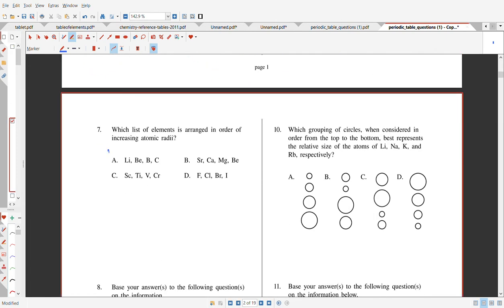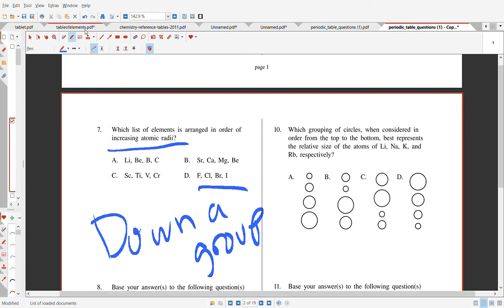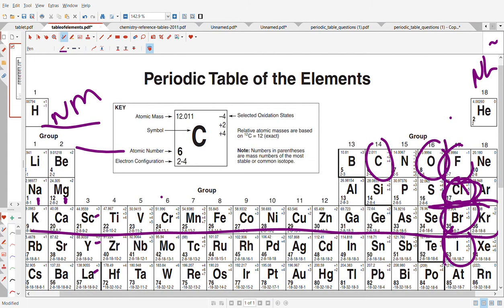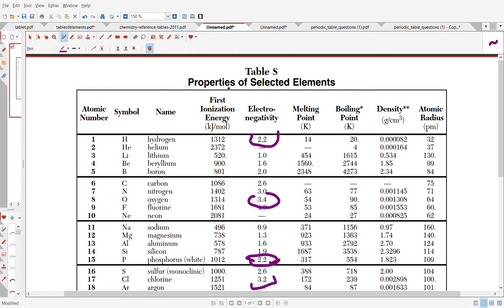Now here you want increasing radii. I know down a group, the radius gets bigger, and I think this one, F, Cl, Br, and I. You see right here, F, Cl, Br, and I. But if you want, you could go right here to table S, and you could look up the radius of each and see what happens with the numbers.